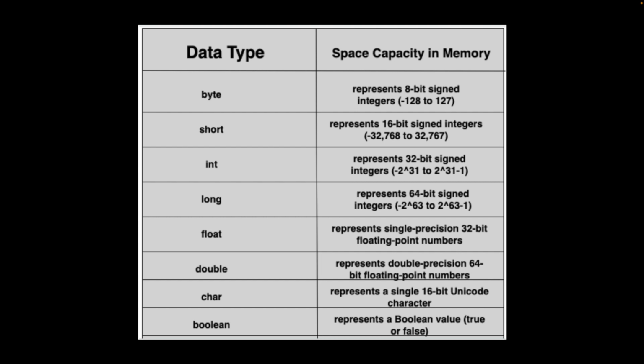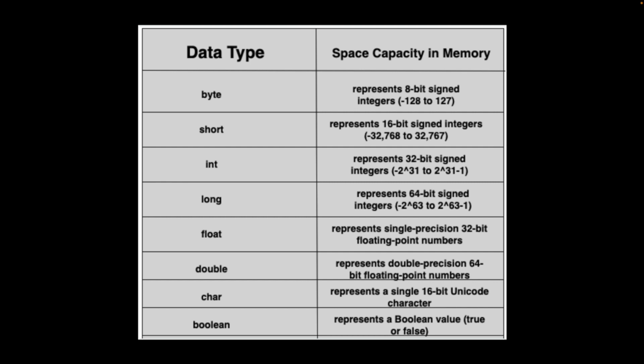As you can see here, it can only store up to a certain capacity of values on the negative and positive side for numbers and shorts and longs and whatnot, and a certain number of bits for other types like a float or a char or a Boolean. A Boolean is just one of two values: true or false, 0, 1.